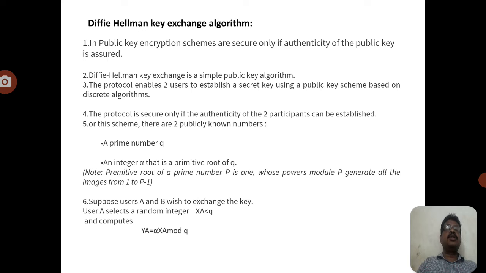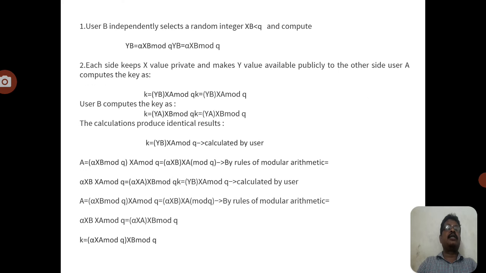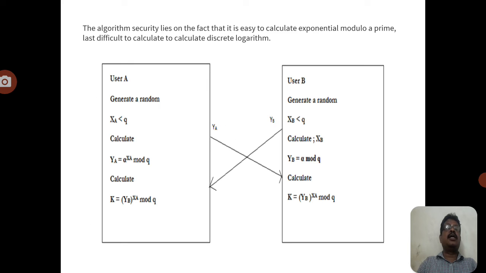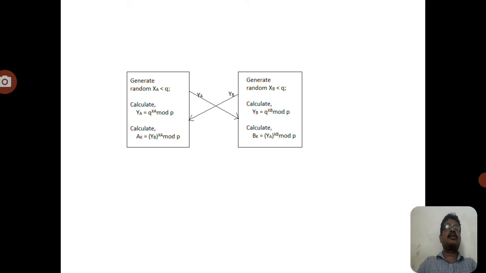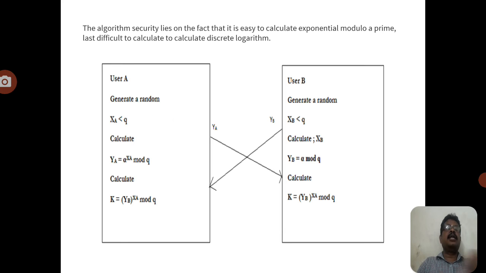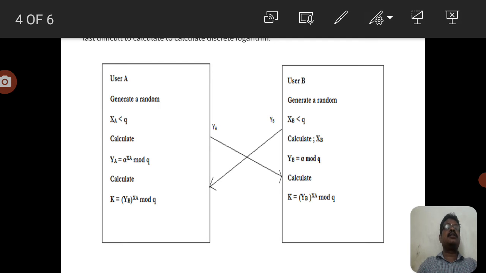Coming to user A's point of view, you can understand this concept with the help of this diagram. User A selects a random integer, XA. You can observe XA here.